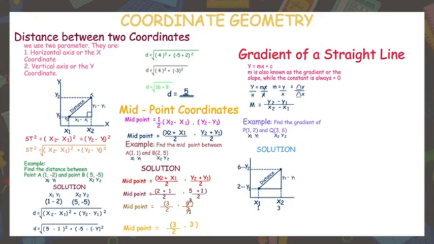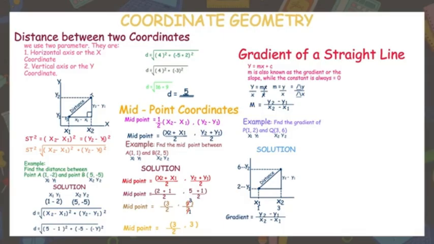That means the gradient is equal to y2 minus y1 over x2 minus x1.